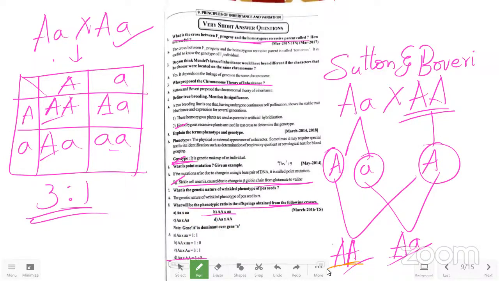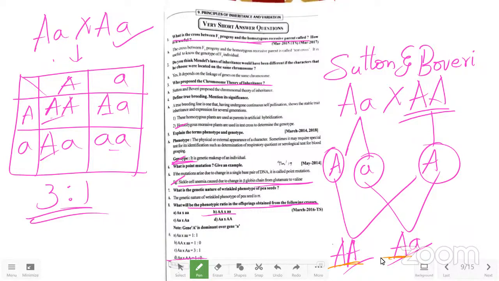A is the dominant. Here also one gene is A. That means all are dominant. So we cannot get 1:1 ratio over there. 1:0 ratio only. That means otherwise, all are dominant. Otherwise we cannot say in any other words in this process.